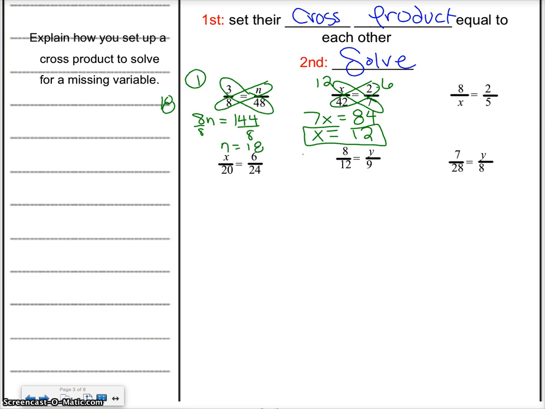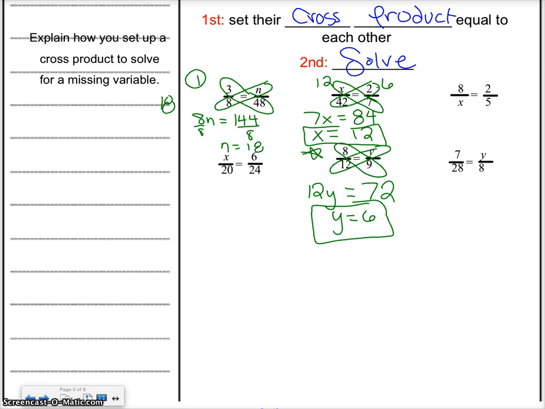Next one I'll do is this middle one. I'm going to set the cross. I don't know what to times 9 by to get to 12. Do you know what to times 9 by to get to 12? No. That's when cross products come in handy. So I'm going to go 12 times y, which is 12y, equals 9 times 8, 72. 72 divided by 12 is 6. y equals 6.